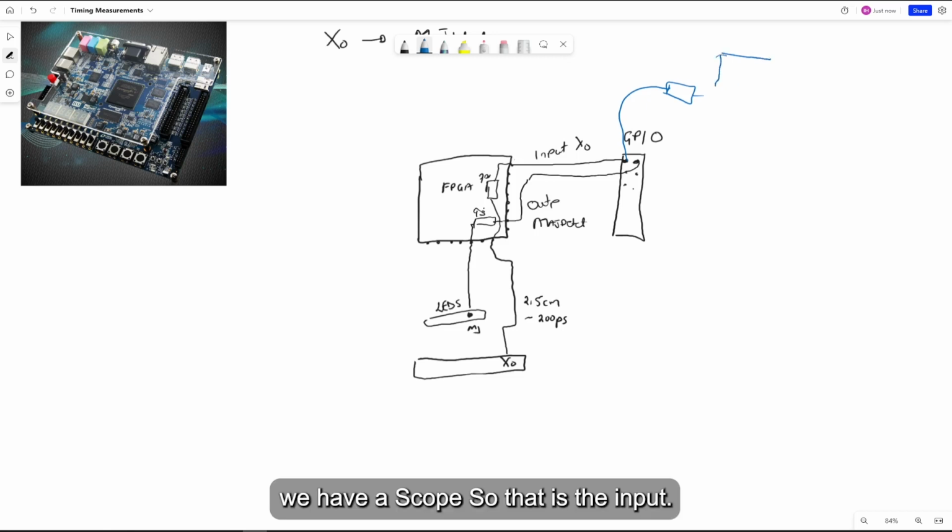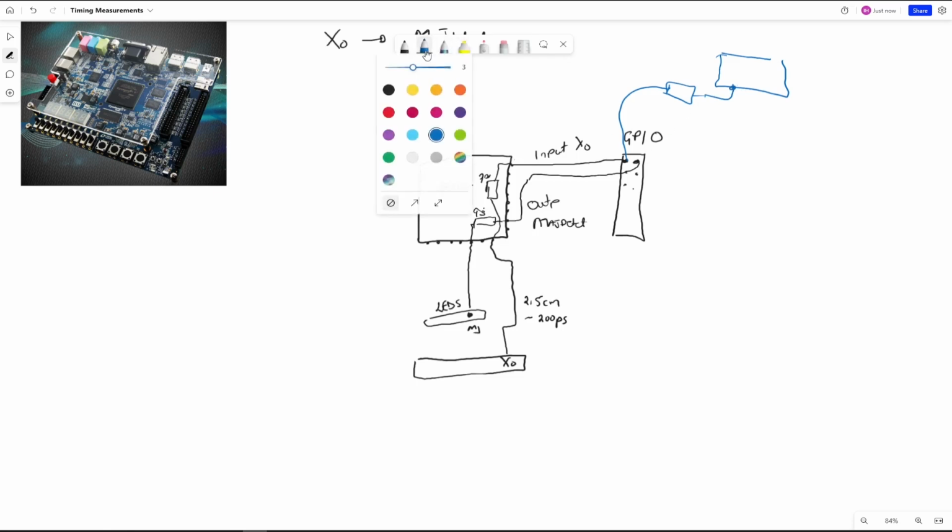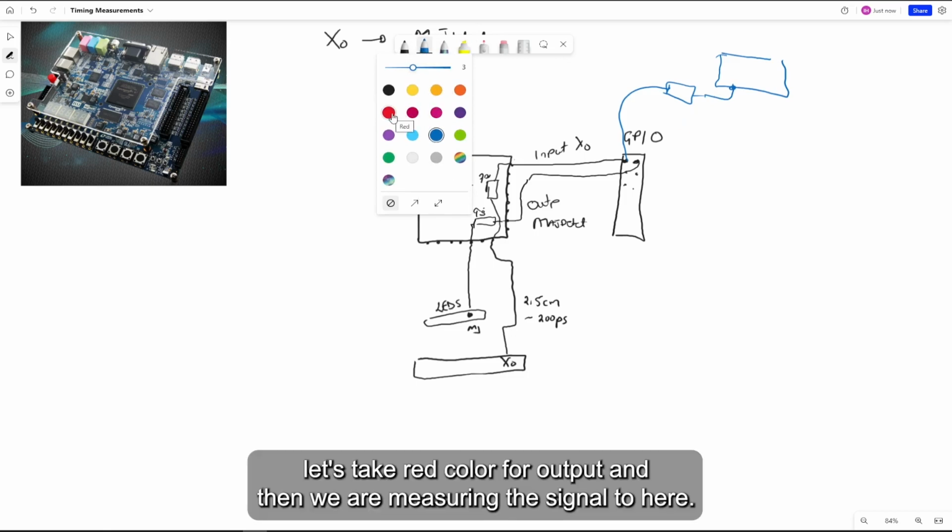We have a scope here. So that is the input. Then let's take red color for the output. This is a probe, and then we are measuring the signal to here.